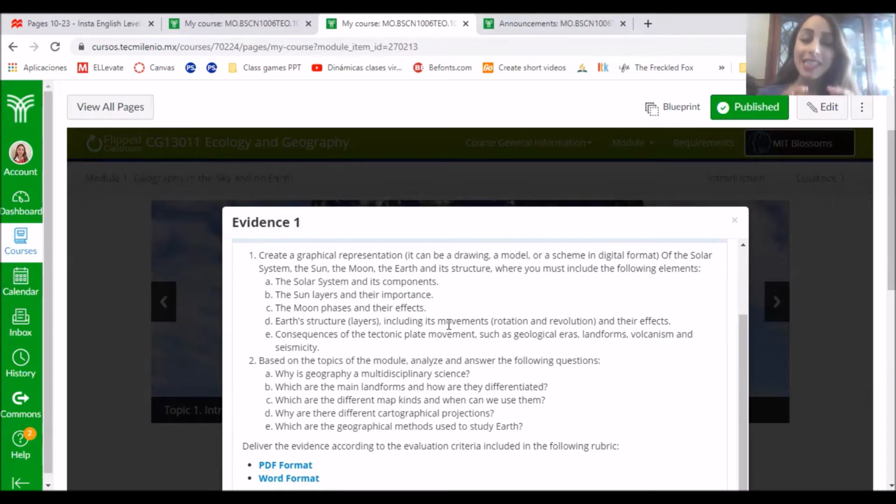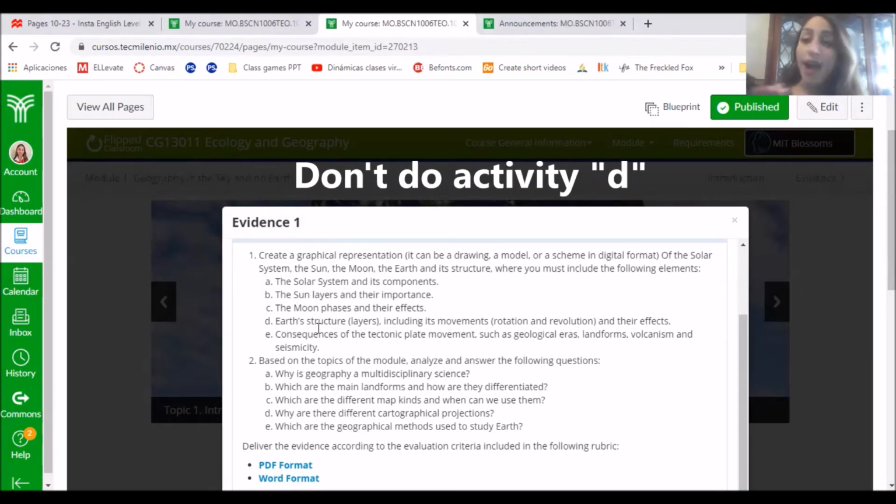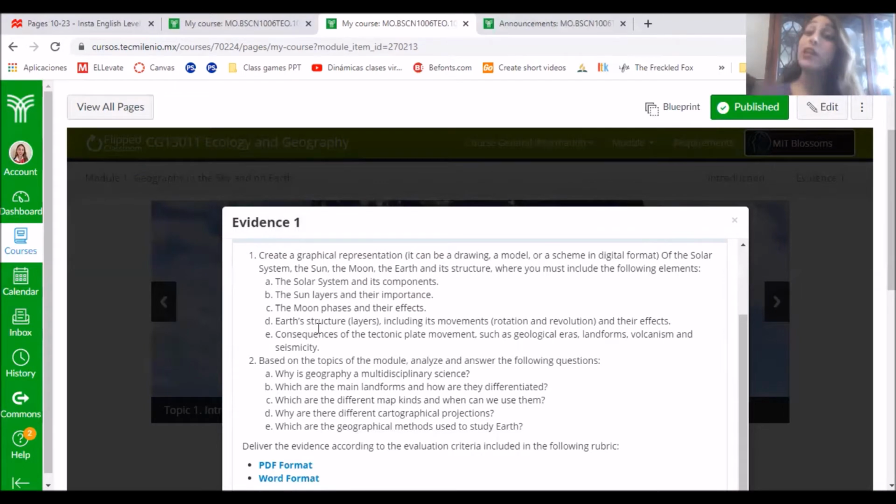Okay, in this case, the letter D, you don't have to do a representation of this one because you already did it previously on one of your activities on that topic. If you already sent that drawing of the Earth's layers to me, then it's not necessary to do it all over again, okay?